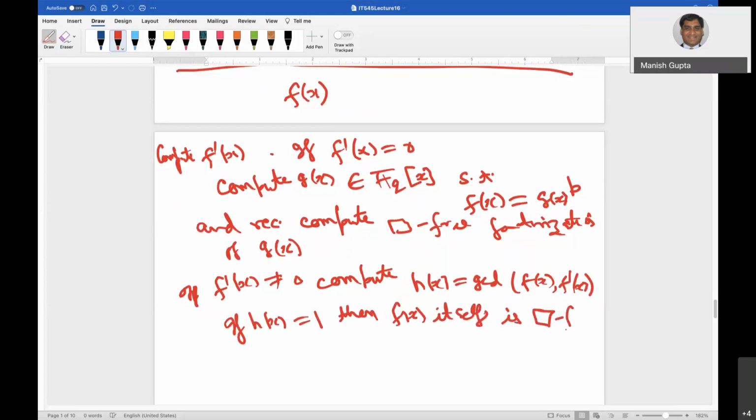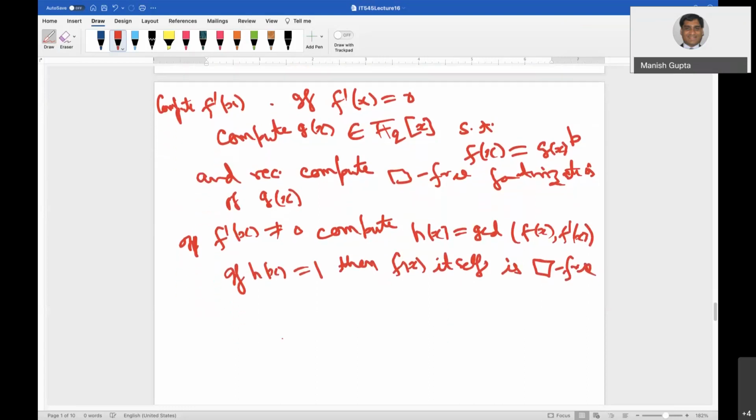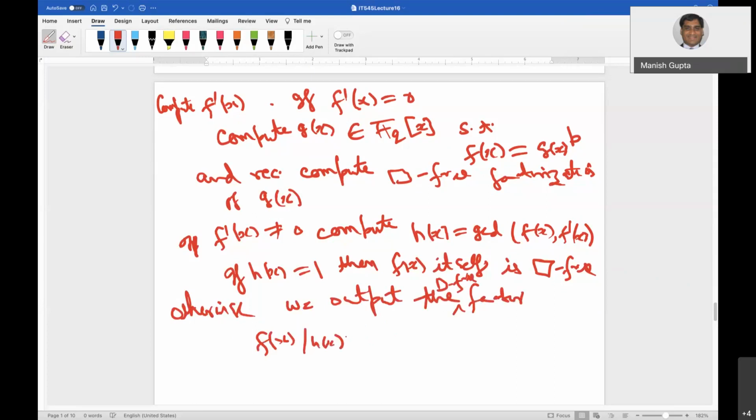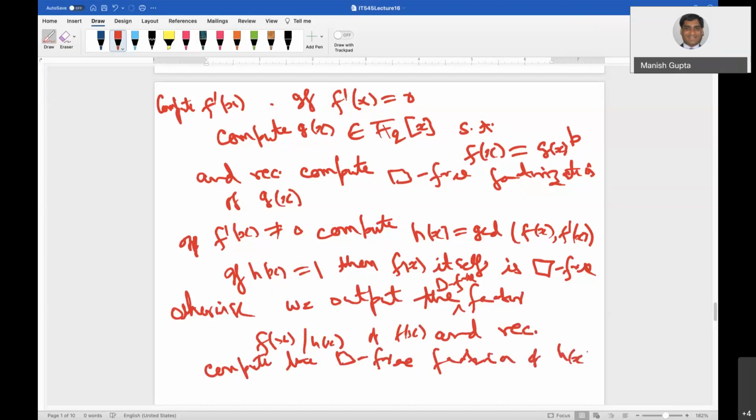Otherwise, we output the square free factor f(x) divided by h(x), and recursively compute the square free factorization of h(x). So this is a general method.